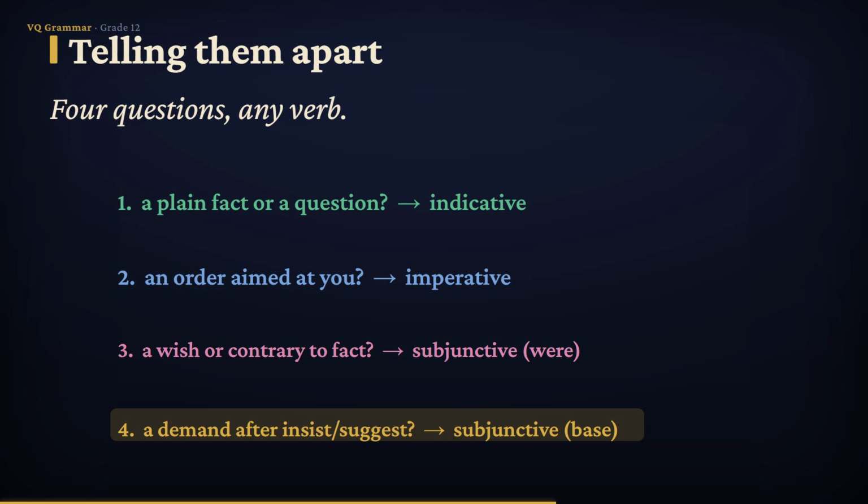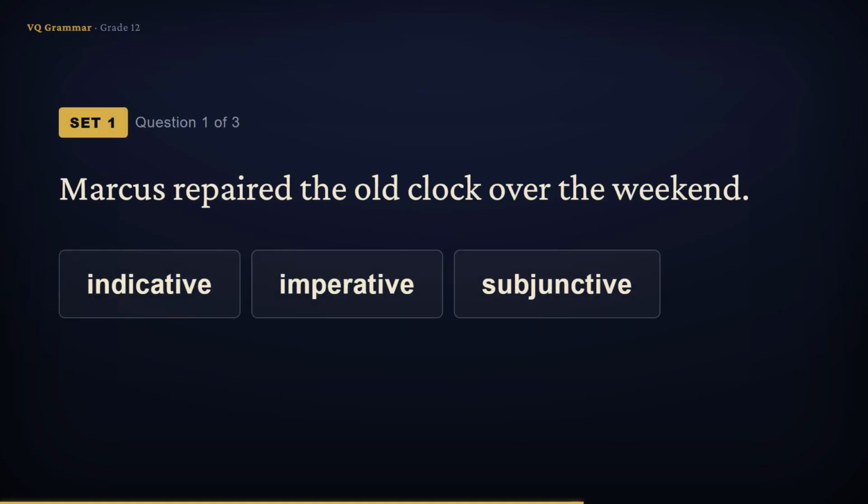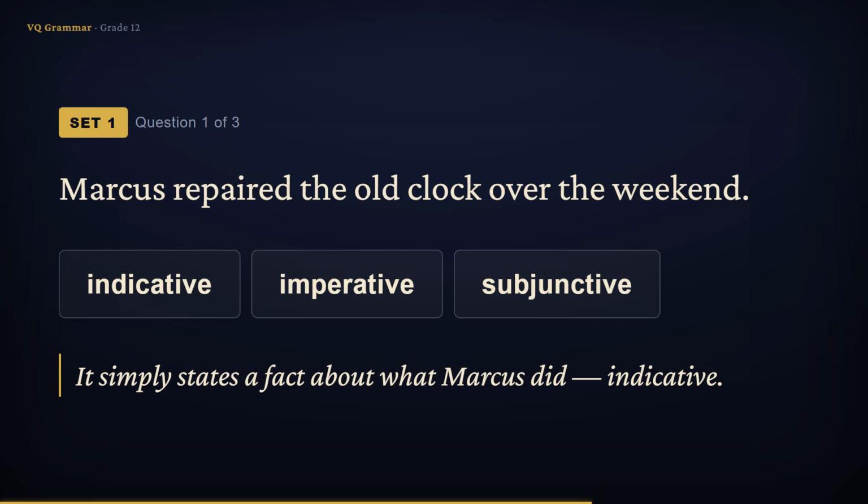Let's practice. In this first set, I'll give you a sentence and you name the mood: indicative, imperative, or subjunctive. Pause the video and decide before I reveal each answer. Marcus repaired the old clock over the weekend. Is this a fact, a command, or something imagined?